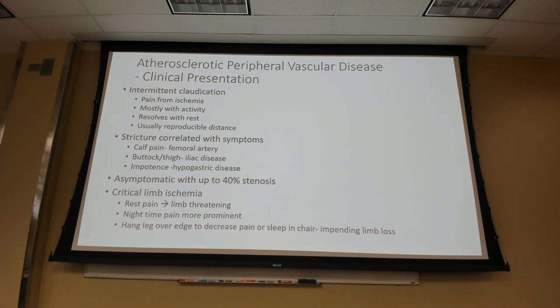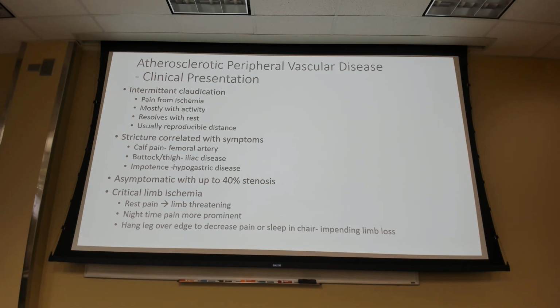Depending on where the stricture is, it can be correlated with different symptoms. So calf pains are typically from the femoral artery. If they have buttock or thigh pain, iliac disease is more common. And if they have impotence, then it can be a little bit higher, and it can be hypogastric.